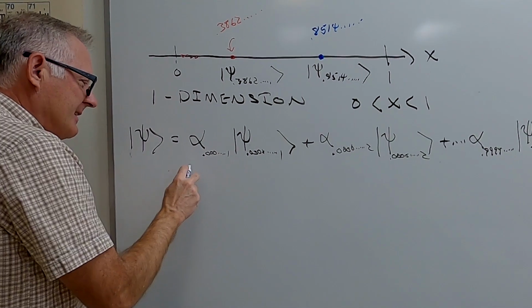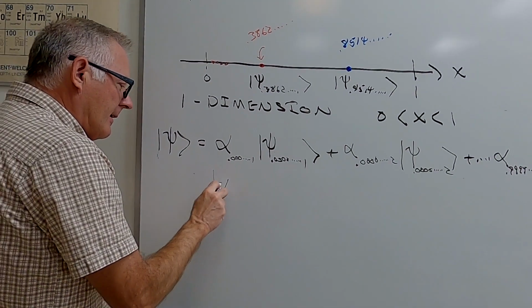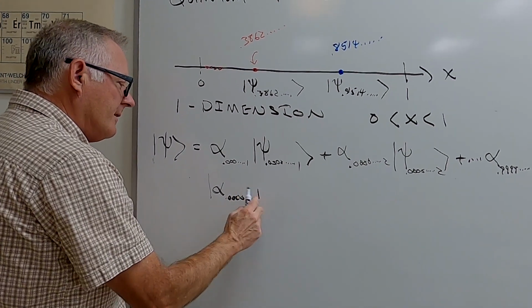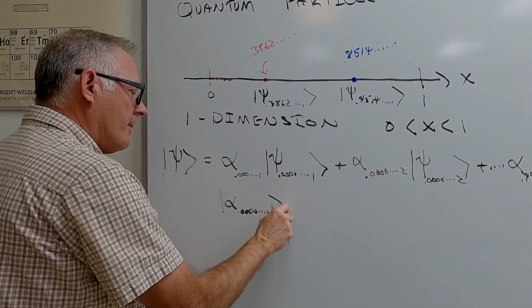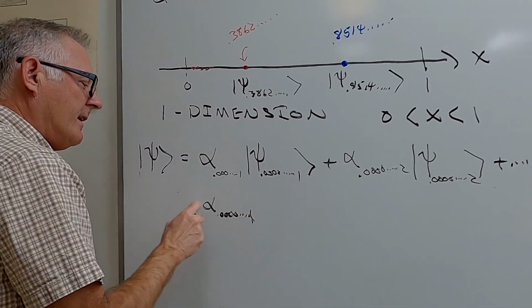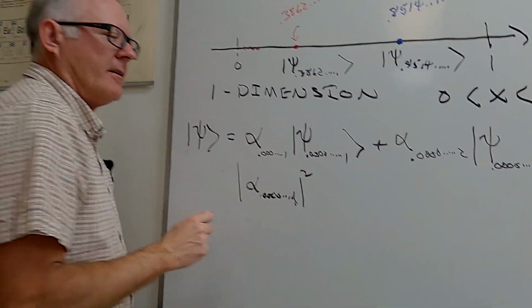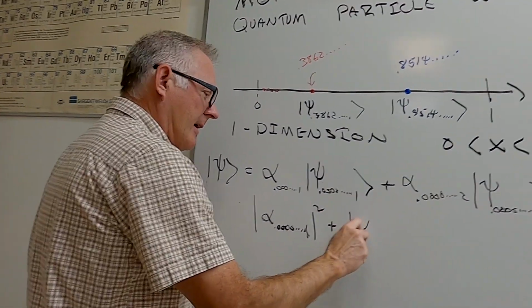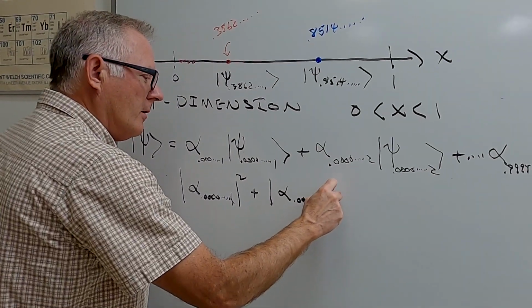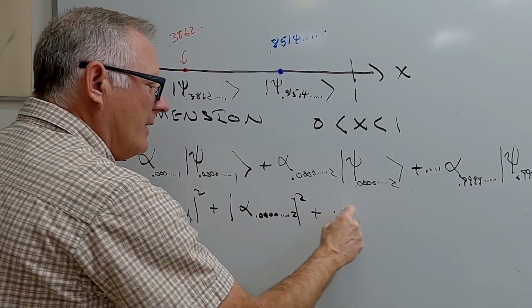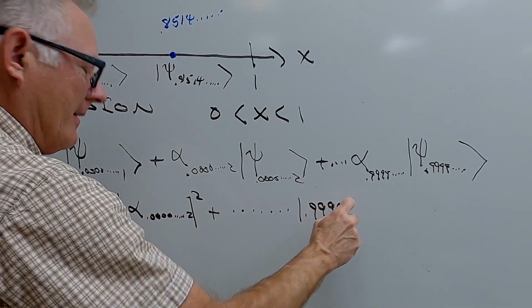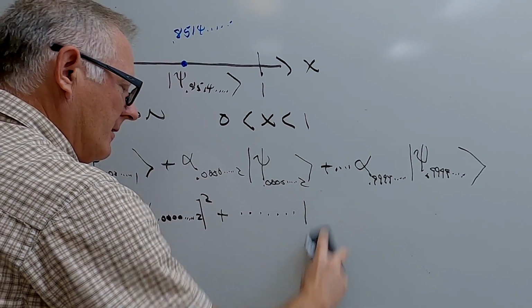If I added these all up, that is alpha of 0.0000...1 squared plus alpha of 0.0000...2 squared plus, all the way out to the last one, alpha of 0.999... squared.